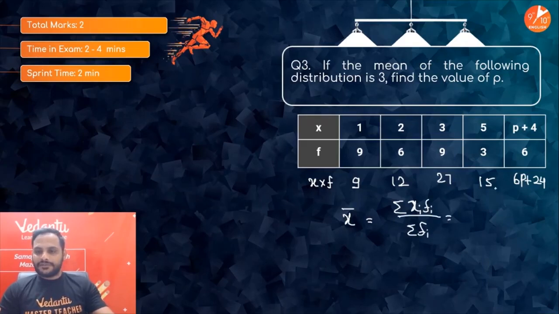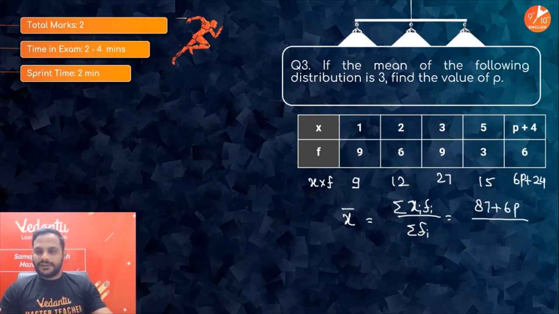So the sum of these values, let's add it in the easier way. 15 plus 9 is 24, 24 plus 24 is 48, 48 plus 12 is 60, 60 plus 27 is equal to 87. So 87 plus 6p whole divided by the sum of frequencies.